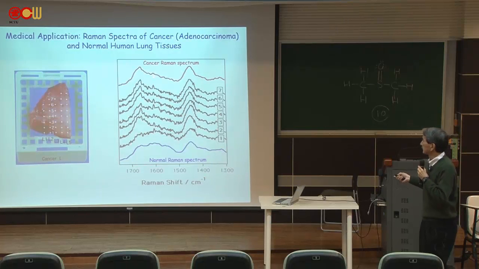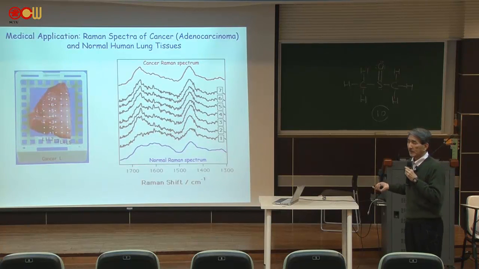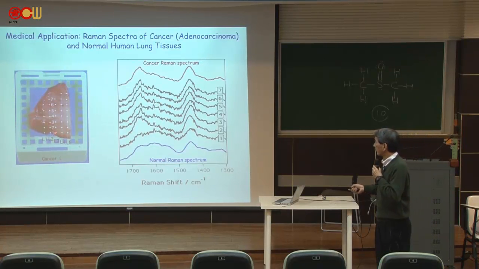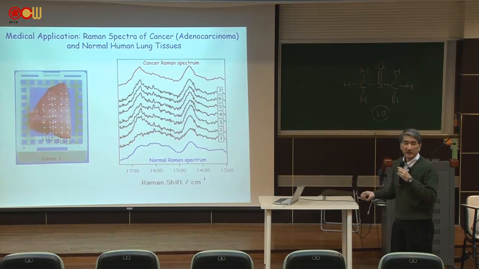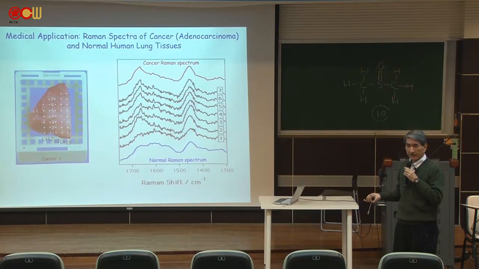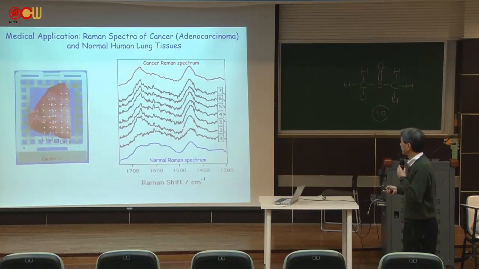Then you can make a distinction between cancer and normal tissues by Raman spectroscopy. If you see point 1, the spectrum is like this, so it's very close to the normal spectrum. But if you go to 2, then you have this spectrum, which is quite different from this one and resembles here, with a stronger amide 1 band.